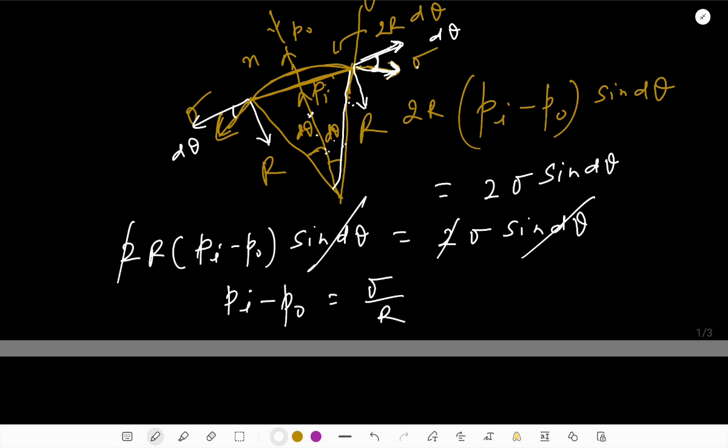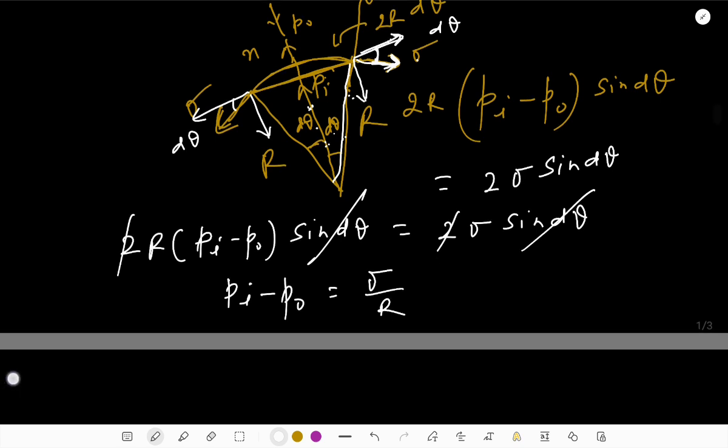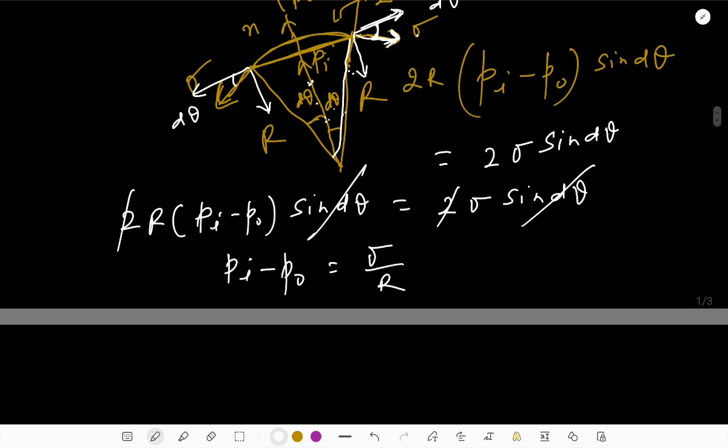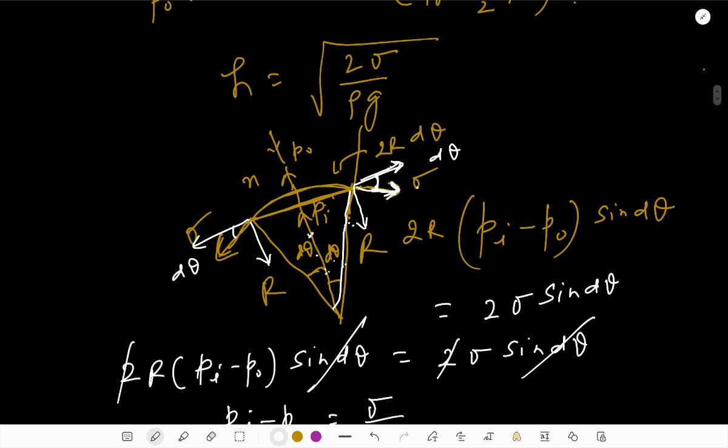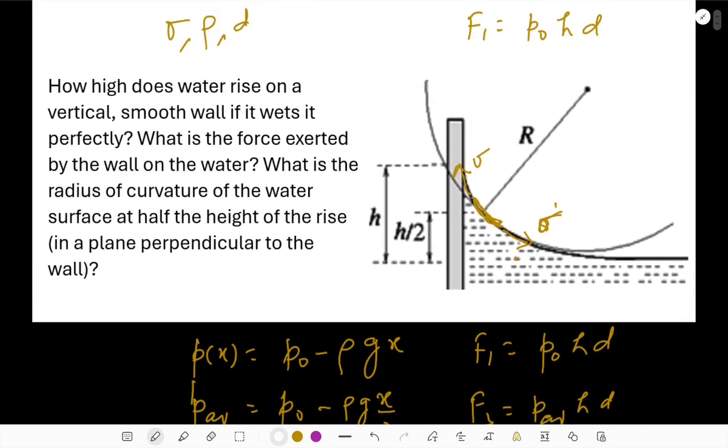And now we can simply solve our problem. The pressure difference here inside the curve, P inside minus P outside, will be simply equal to S, the surface tension divided by its radius of curvature.